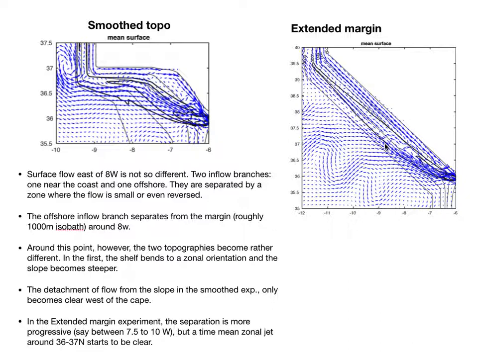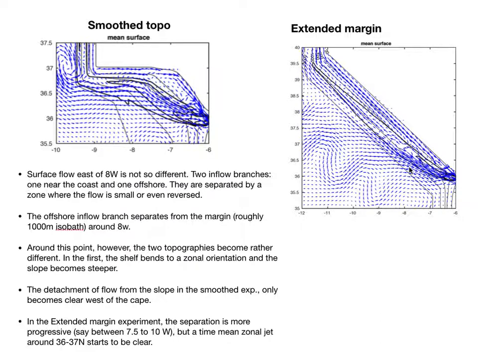However, the main point is that west of 8 West is precisely where these two topographies become very different. To me, the single most important result of this extended margin experiment is that the offshore flow starts to separate, a clear offshore flow around 8 West.